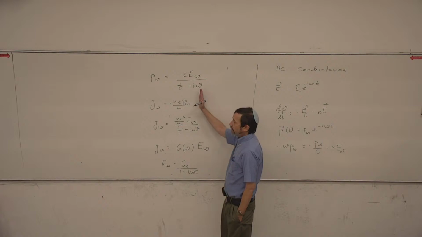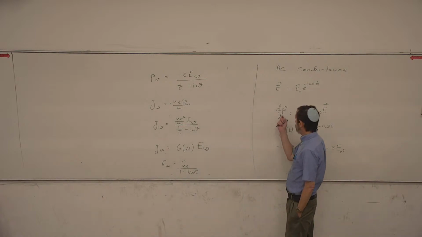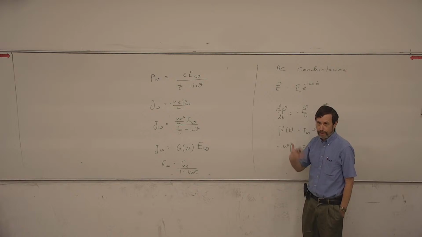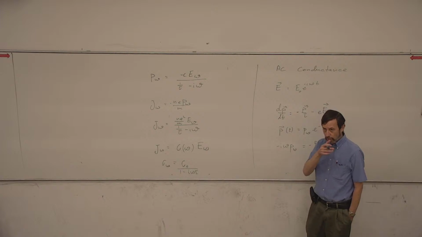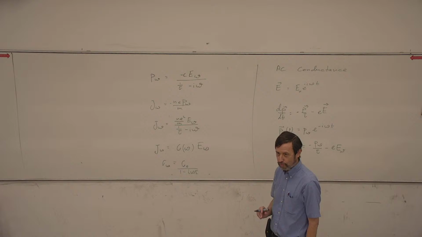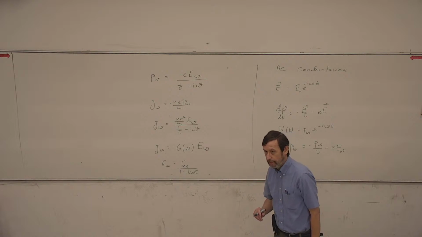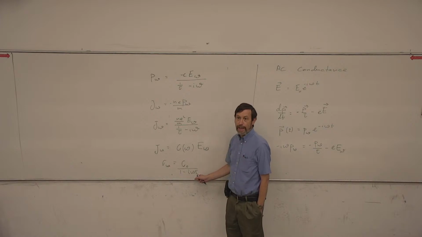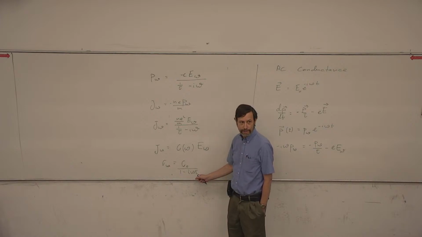All that is assuming that p still follows the same frequency, which, as long as the frequency is not too large and we didn't hit any resonance, is reasonable. So measuring the AC conductance actually gives me direct information about tau.